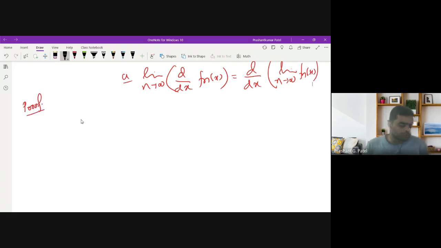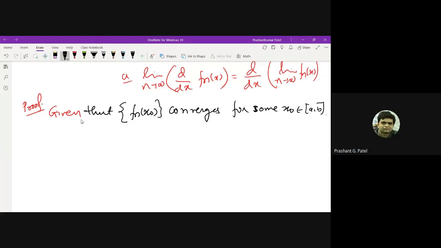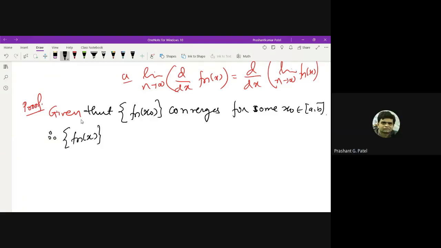For the proof, three conditions are given. We will use the second condition here. Given that this sequence fn x0 converges for some x0 belongs to AB. Since this is a sequence of real valued numbers and it is convergent, we can say that it is a Cauchy sequence, as every convergent sequence is Cauchy.